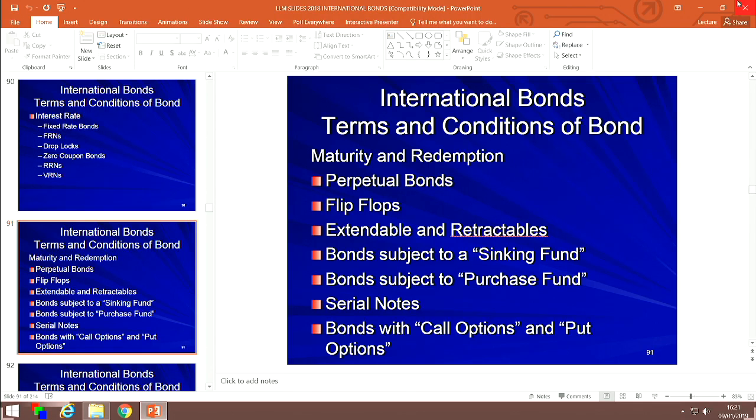As the name implies, it's an option, a right, which the bond investor has to sell back the bond and have it redeemed at face value to the issuer. 30% in year 5, 10% in year 6, 10% in year 7, and so on and so forth.